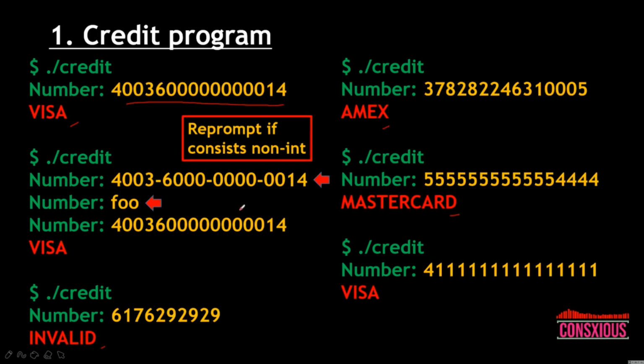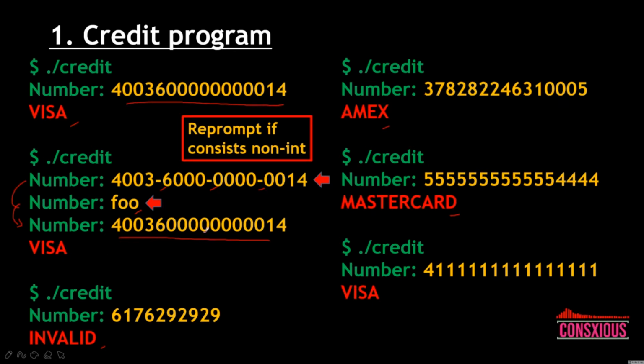You can notice that if the user keys in some symbols, like hyphens, or some characters, the program will reprompt the user to key in the exact credit card number, digits only, so that the program can determine which card it is.